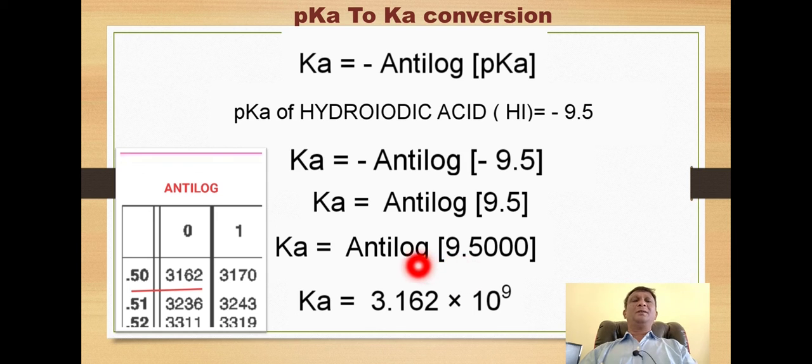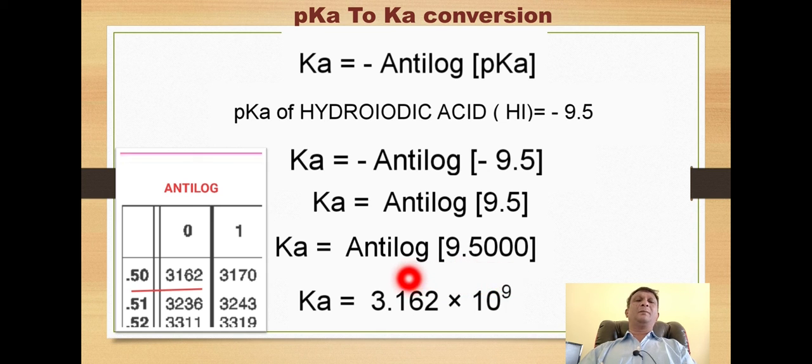So dear students, please keep this point in mind that whenever we write down the value of the anti-log of 0.50, it is 3162. What we have to do, we simply have to put a decimal point after the first digit. So it will become 3.162 into this characteristic value then goes to the power of 10.